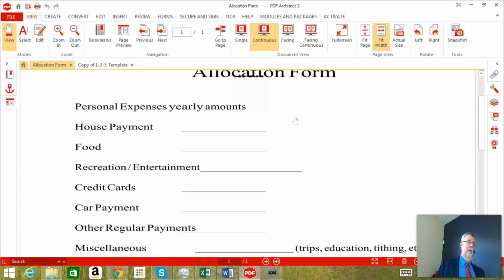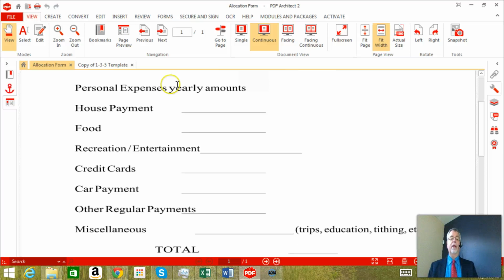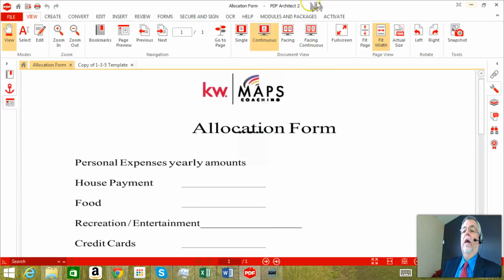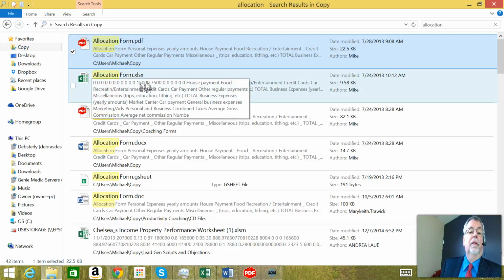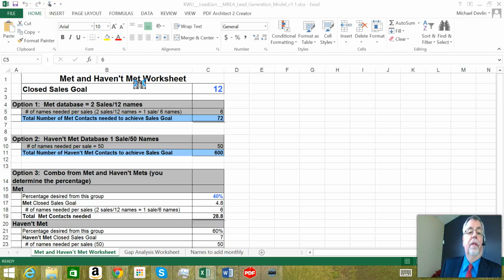And the idea is, well, how much money would you need to make in order to be happy? Or according to this, just to break even. This is a PDF form I've created just because I'm that kind of person.